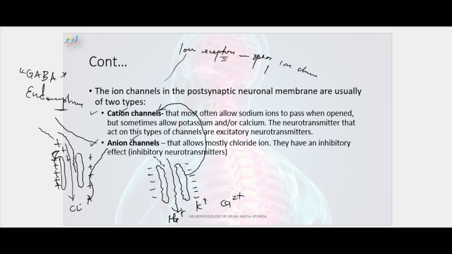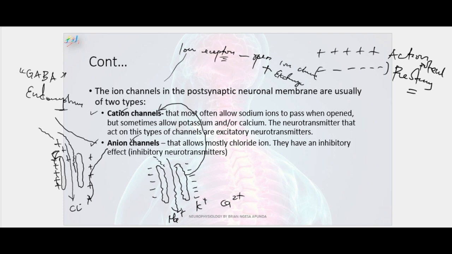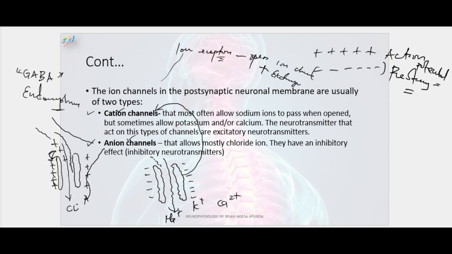Which one will be open? If it's a cation, it will be excitatory, because remember, opening positive will allow the cell to be positively charged. Opening a negative will allow the cell to be negatively charged. So if the cell is negatively charged, it means that it will be resting. Unlike that which is positive, it means that you'll be in an action potential. Very important.